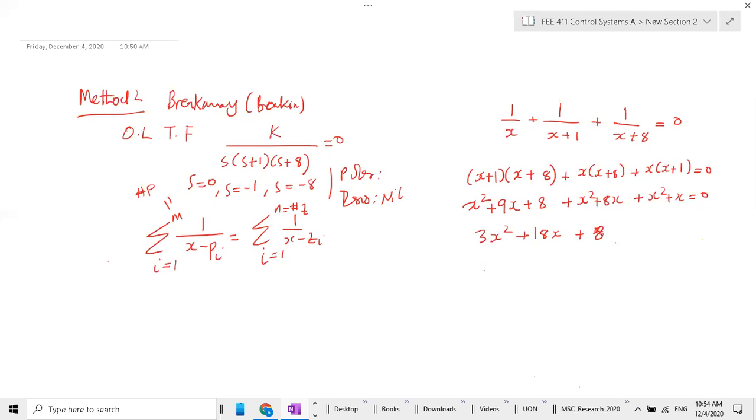Guys? Yes. So you can see this is the same as the equation you got. If you find your X, you'll get minus 0.483, and another X is minus 5.5.